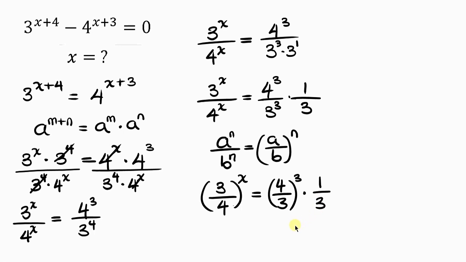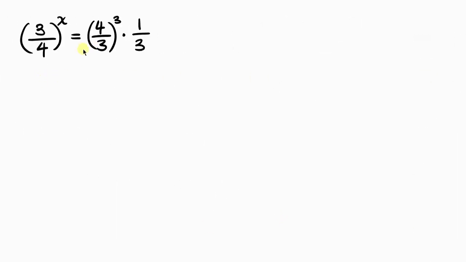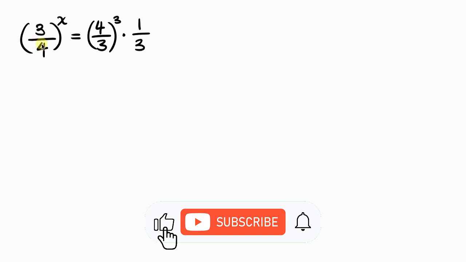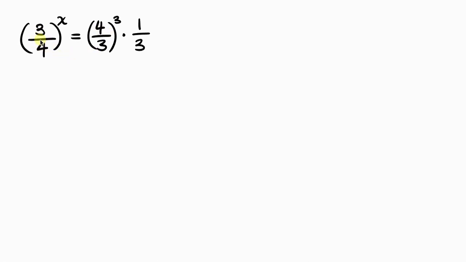Very good. Now I want to make this 4 over 3 to be 3 over 4. Now you notice that 3 over 4 is actually an inverse of 4 over 3. So let's write this like this.